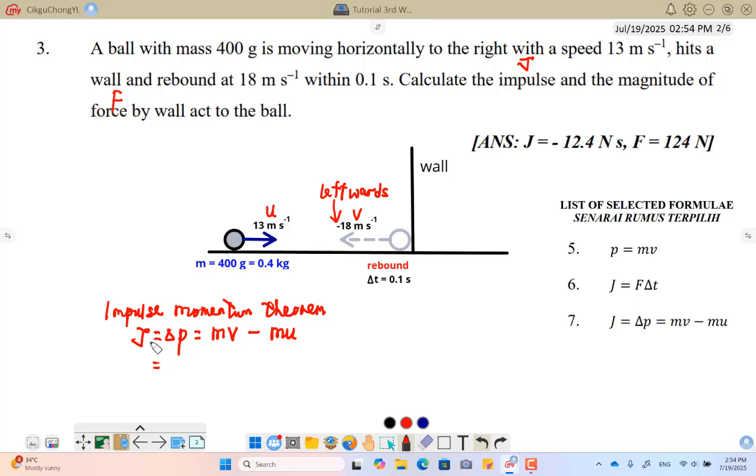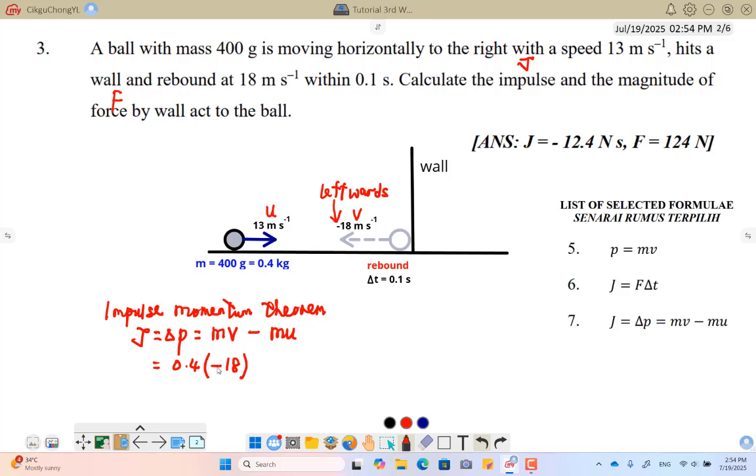So in order to find the impulse, I can substitute the mass of the ball. We will change the 400 gram to kg, whereby kg is the SI unit for mass, so it will be 0.4 kg. So 0.4 kg multiplied by the final velocity, 18 meter per second, but remember to include the direction of the velocity.